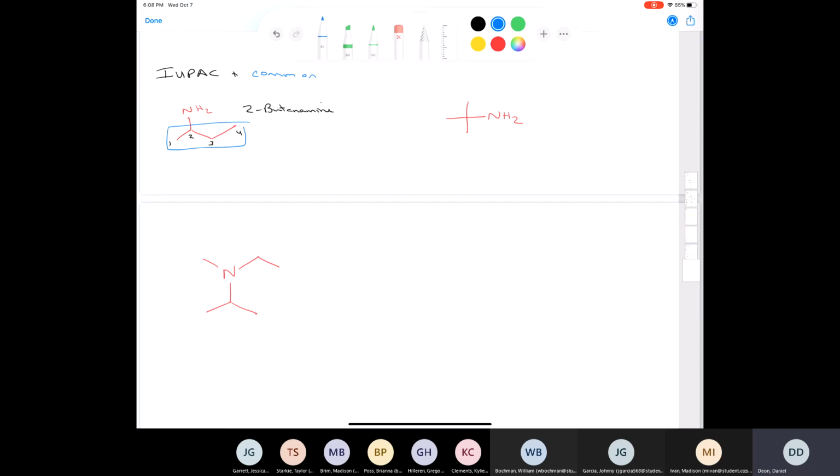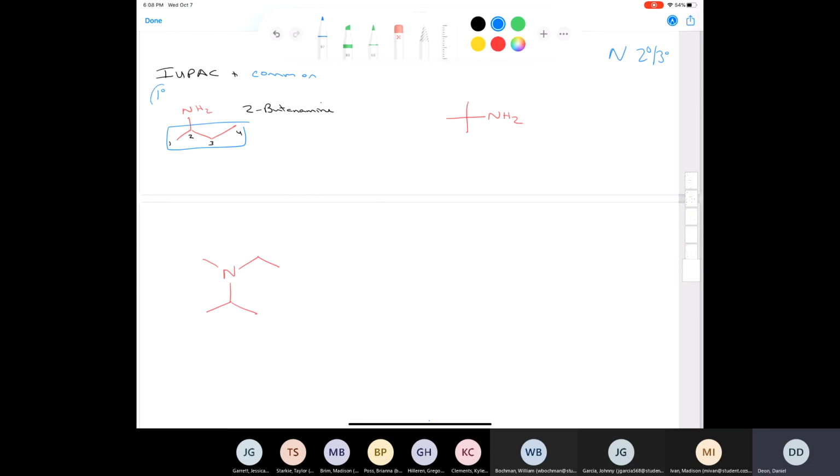If we want to give it a common name, then all we have to do is name this alkyl group. Could anybody name that alkyl group? It's not a methyl, it's not an ethyl. You only use the capital italicized N for secondary or tertiary amines.